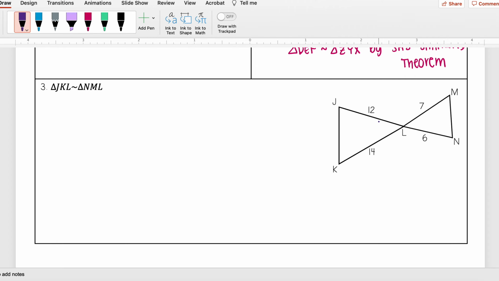Okay, looking at one last one. Here it's a little bit different. I have two triangles, JKL and NML, and they both share that point L. So again, I'm looking first for a congruent angle. Here I didn't have any angle measures that were given to me like the first two problems, but we need to remember some of our angle properties.